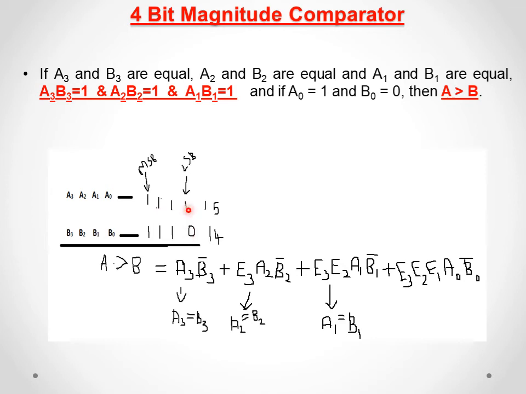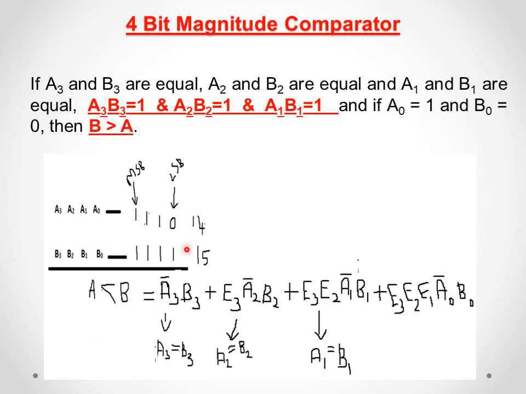When A0 is higher, then we can say A greater than B. So the expression we can write is A3 B3 bar plus E3 A2 B2 bar plus E3 E2 A1 B1 bar, plus, when we go for the A0 and B0 bits, when the first three bits are equal, that is E3 E2 E1, then we compare A0 B0 bar.